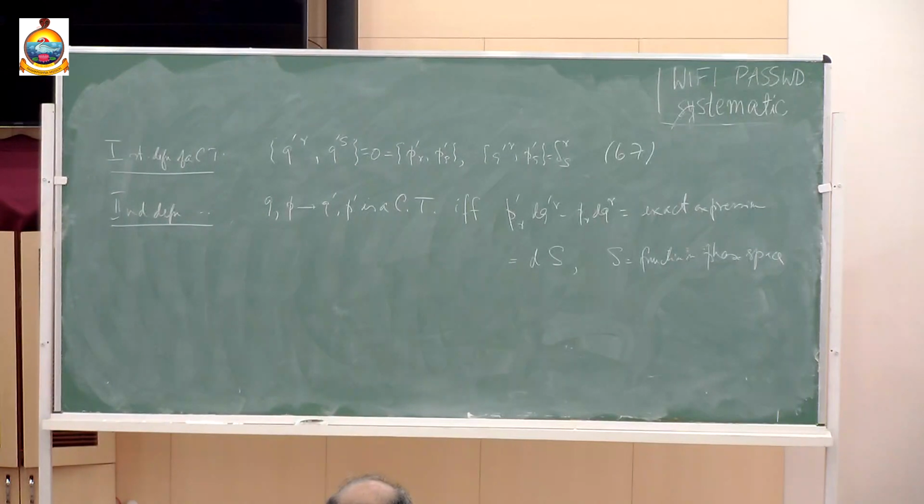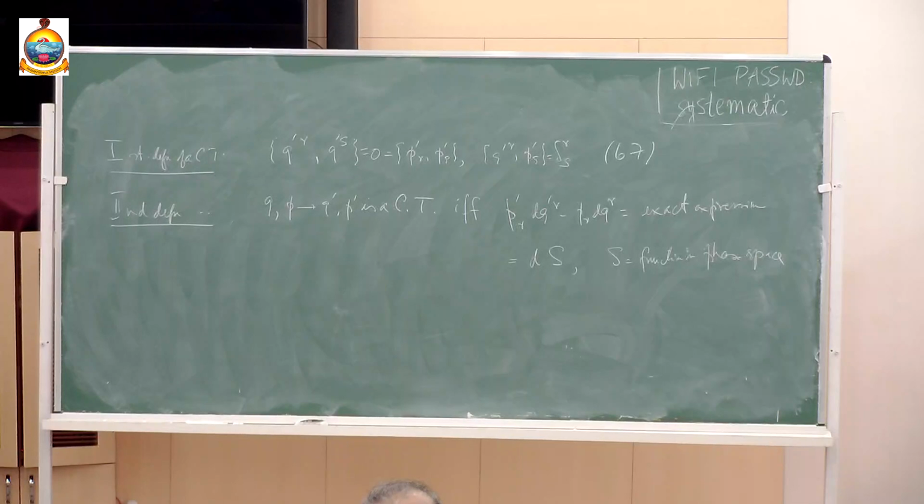So if a transformation on phase space does not obey these conditions, you call it a non-canonical transformation. You will not consider it because it will not allow you to retain the structure of Hamilton's equations of motion. If these are satisfied, all is well.